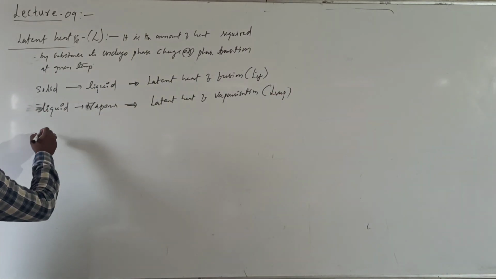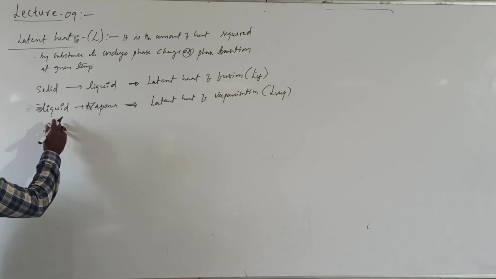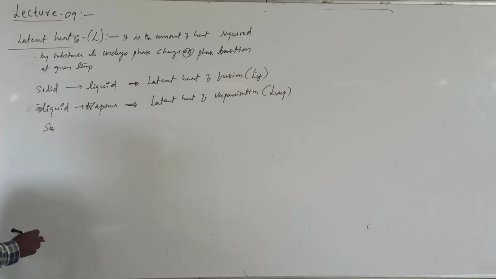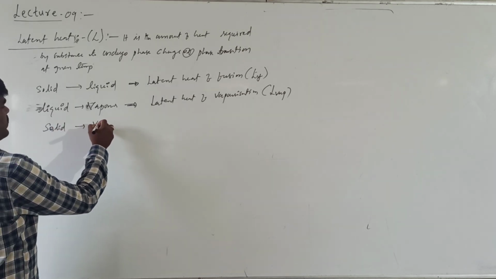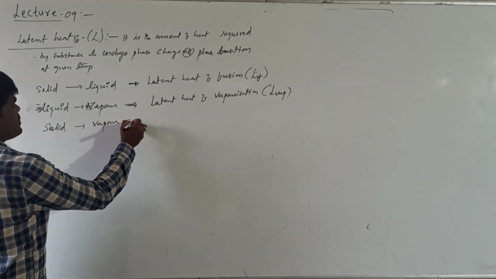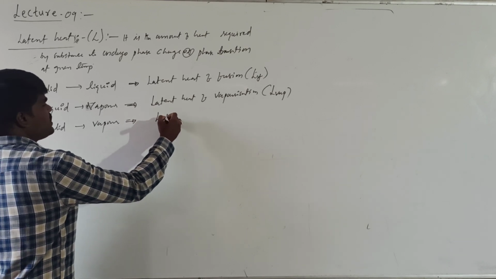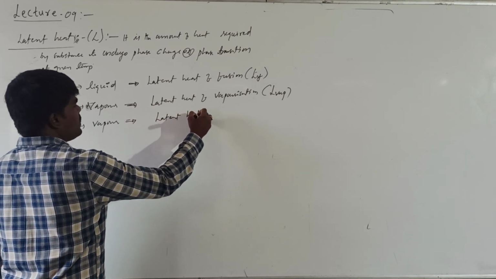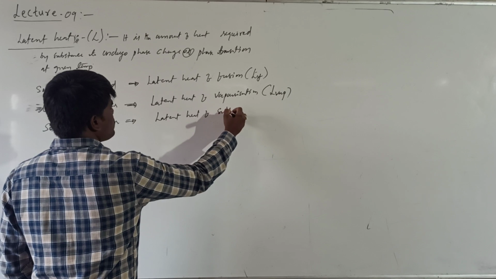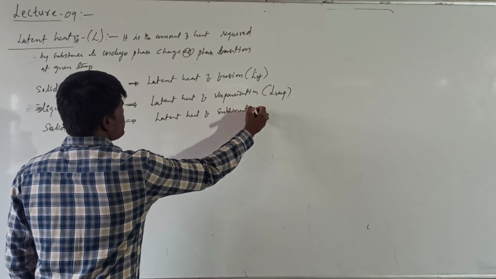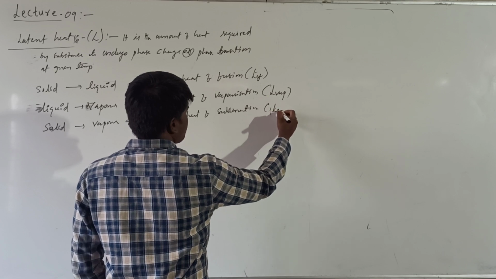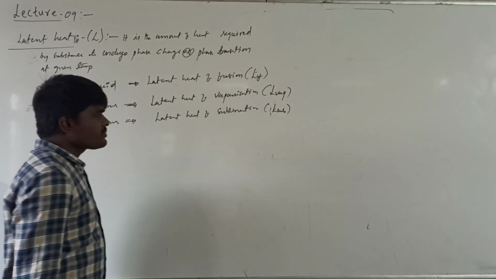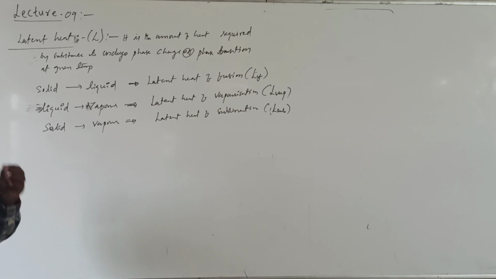And suppose a substance is going from solid to vapor, a change in physical state. What do we call this process? It is called latent heat of sublimation, which is denoted as L sublimation.